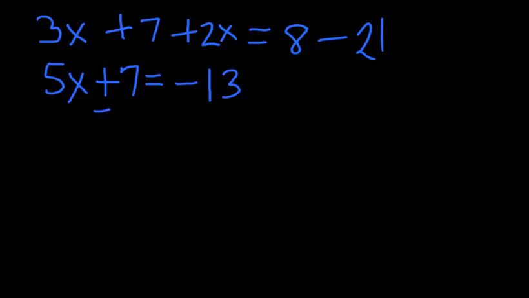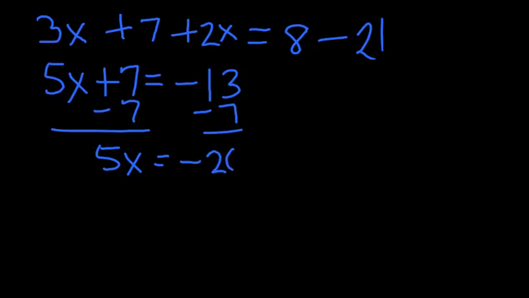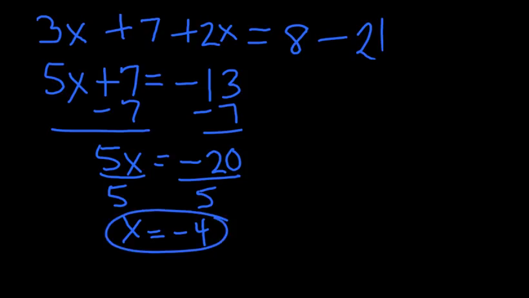So minus 7, minus 7, that's 5x, and negative 13 minus 7 is negative 20. Divide that by 5, divide that by 5, and you get x equals negative 4. That's your answer. Now we need to check.